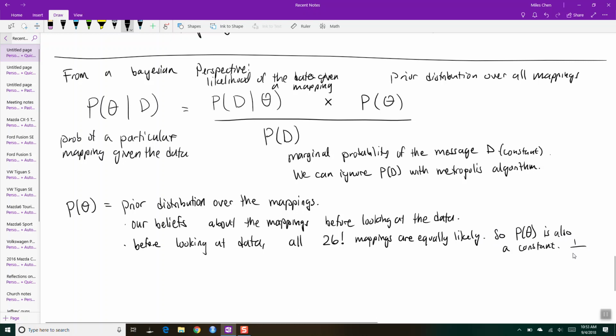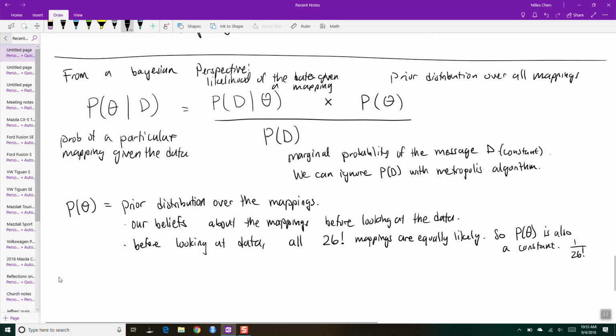Okay, it's technically 1 over 26 factorial because every single one is equally likely. So if all possible mappings are equally likely, each mapping has a probability of 1 over 26 factorial. Okay. So this is going to be the prior distribution of theta.